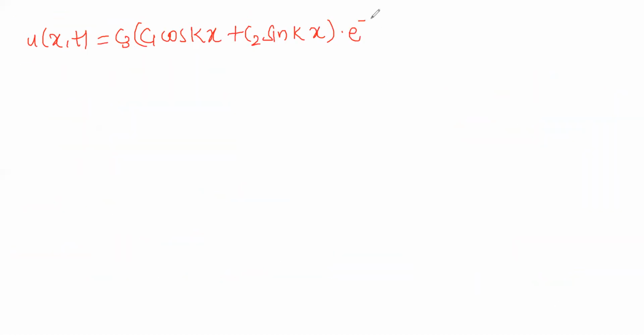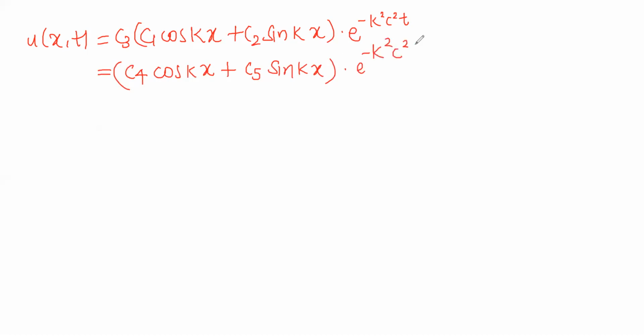Now I can multiply this c3 and c1 inside to get another constant, which I'll call c4, times cos kx plus c5 times sine kx, into e power minus k square c square t. So that is my u of x,t.